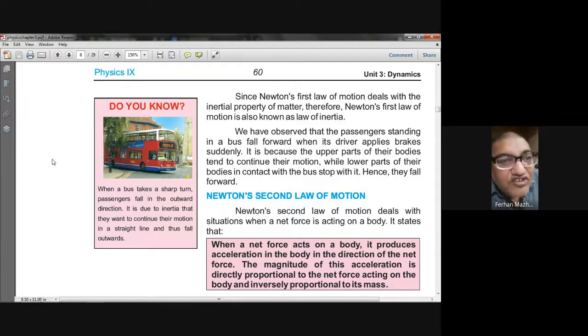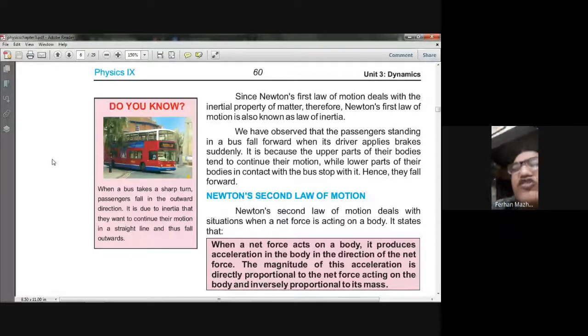It is because the upper part of their bodies tends to continue its motion, while the lower part in contact with the bus stops with it. Hence, they fall forward. When a bus takes a sharp turn, passengers fall in the outward direction. It is due to inertia that they want to continue their motion in a straight line, and thus fall outwards.